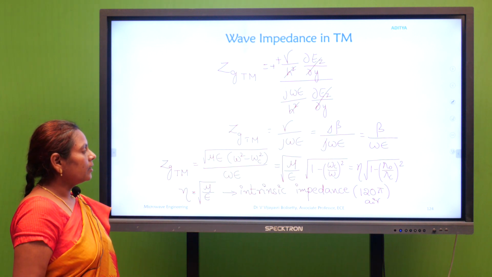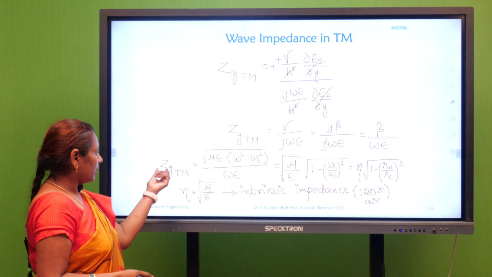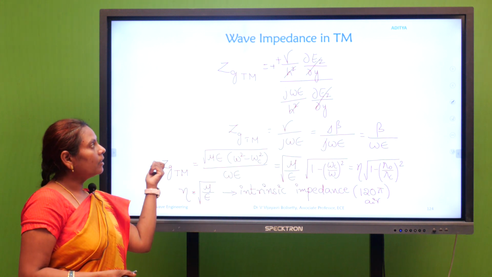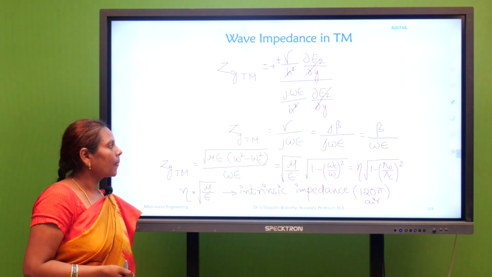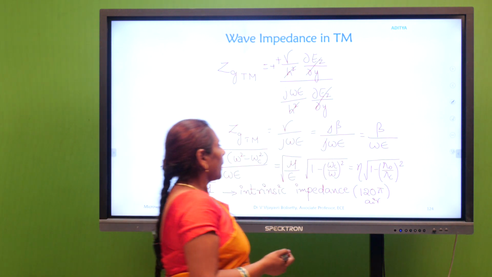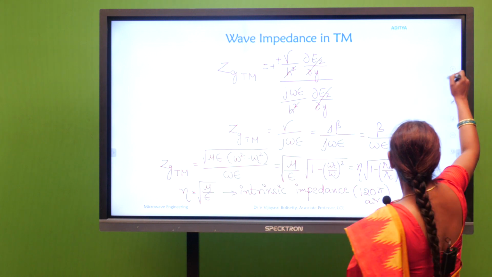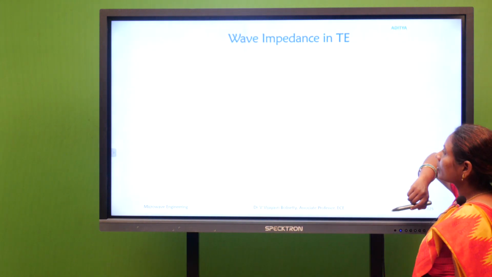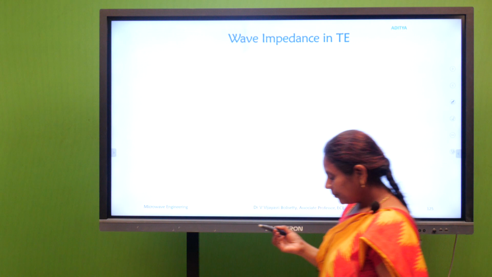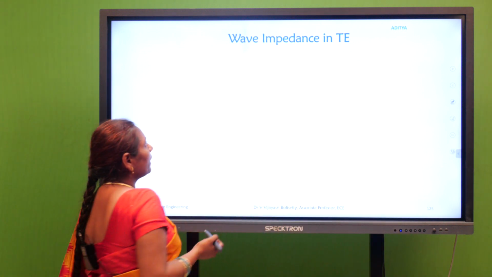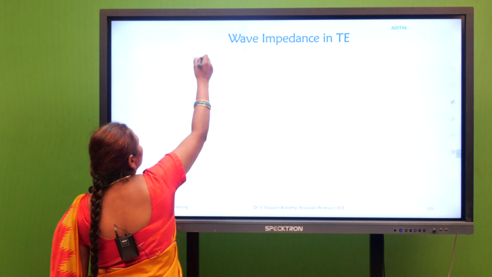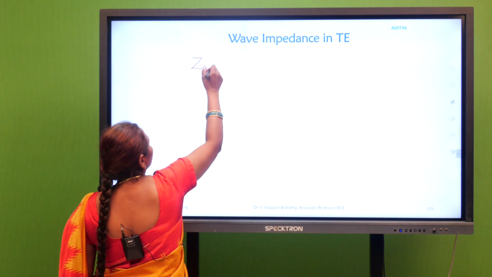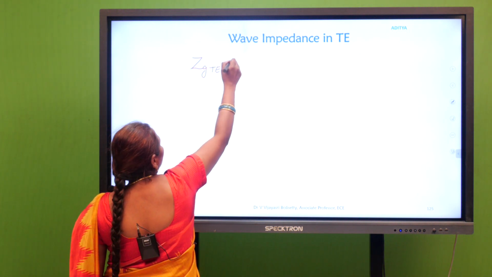In a similar way, we can also obtain the waveguide impedance in TE mode. Let us go for the derivation. So, now wave impedance in TE mode. This is represented as ZG TE.